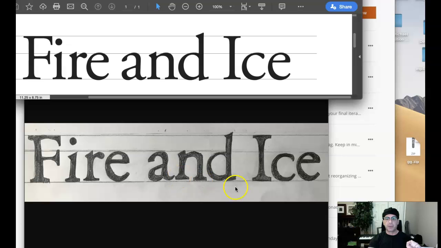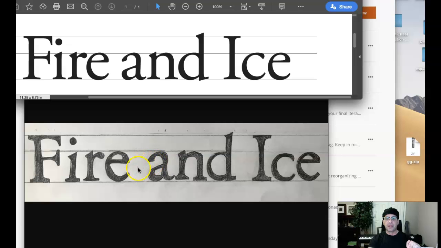Now, I think the word "and" is kerned just about perfectly, and I think the word "ice" is kerned just about perfectly as well. So really good job there. Fire is just too wide. Now, in terms of letter spacing, the space between fire and is going to appear bigger than the space between and ice.